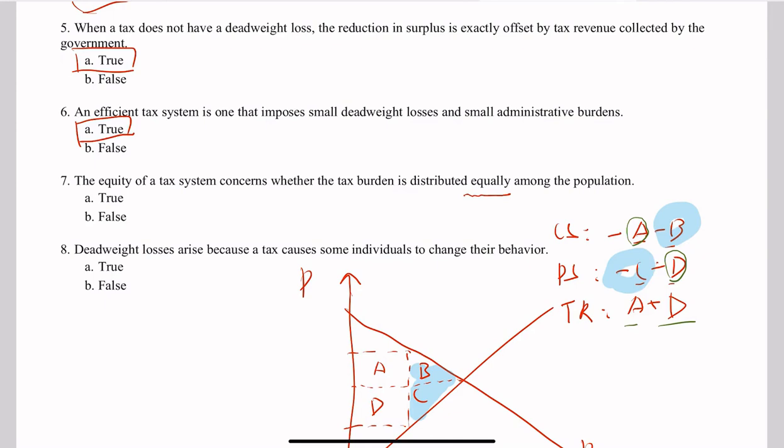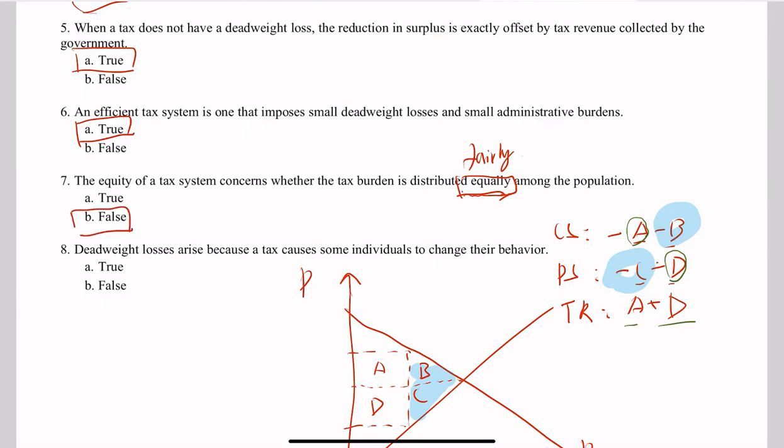Equity of a tax system does not concern whether tax is distributed equally. It actually cares about whether this tax burden is distributed fairly. The word equally is incorrect because equally basically means everybody should pay the same tax, and we know that this is not the correct way of designing a tax system. So this is false.